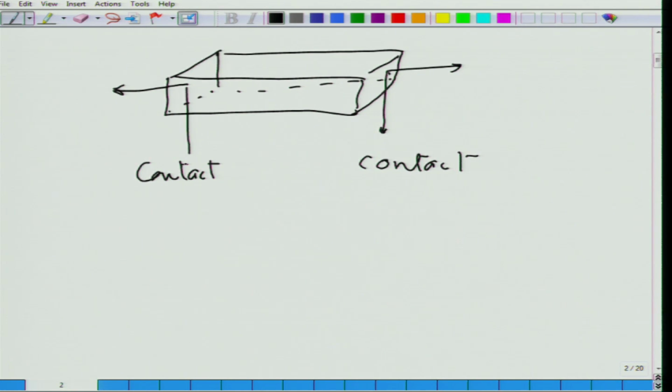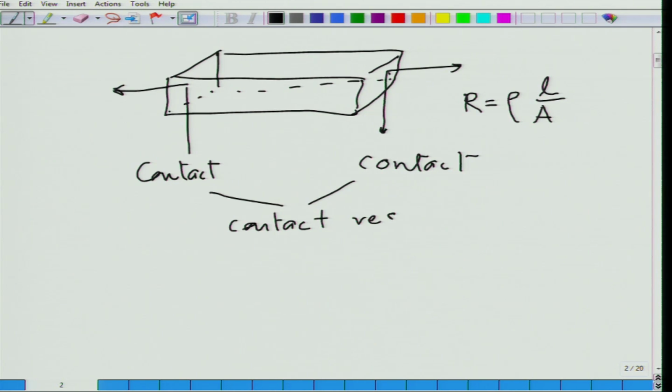And in writing my earlier equation for resistance, I have assumed that these two contacts are not interfering in the overall resistance, which you have learned is not true. The contacts also have some contact resistance. And this comes from the fact that the work function of the metals and the semiconductor's Fermi level may not be the same, as learned in the earlier courses. So, this is a very simple example of how to take a material and make a device, and what are the characteristics that you need to know in order to make a good device.